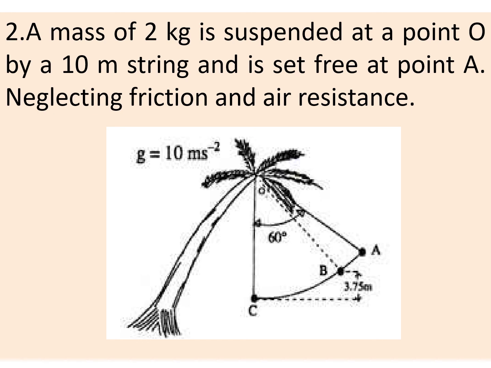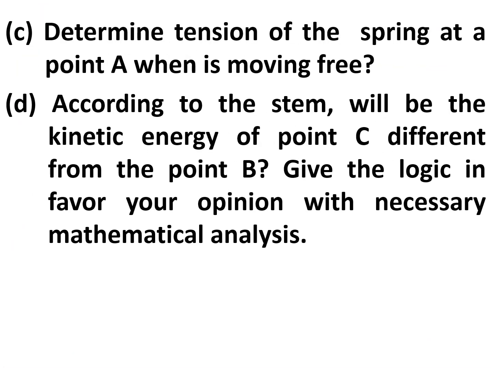From this system, you have to determine the spring constant at a point A when it is moving free. And you have to find out whether the kinetic energy at point C will be different from that at point B. Give the logic in favor of your opinion with necessary mathematical analysis.